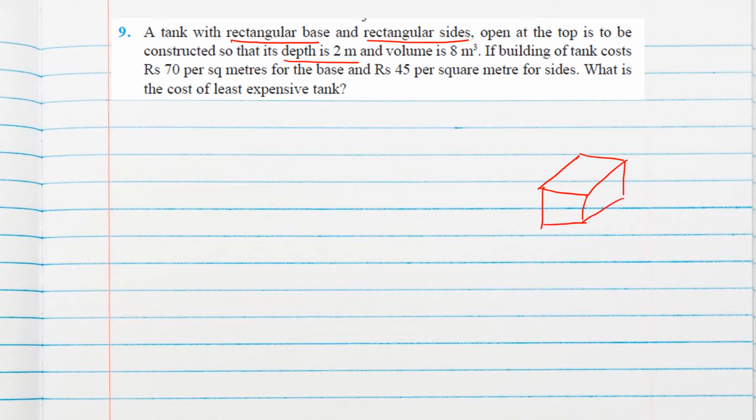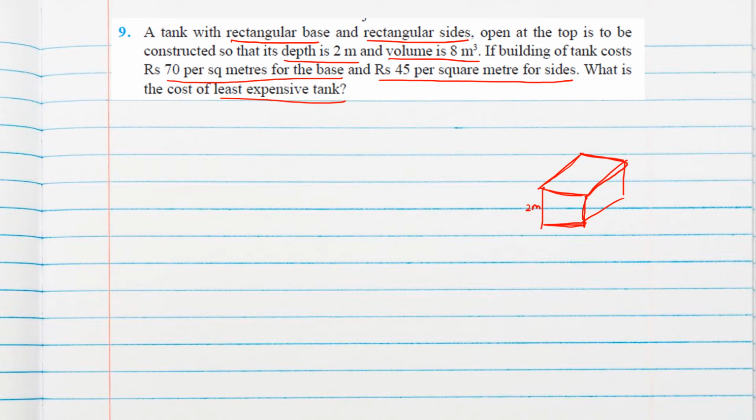So this is rectangular base open at the top. Height is 2 meter. Depth is 2 meter. Volume is 8 meter cube. So if building of tank cost 70 rupees per square meter for the base and 45 rupees per square meter for the sides, what is the cost of least expensive tank?